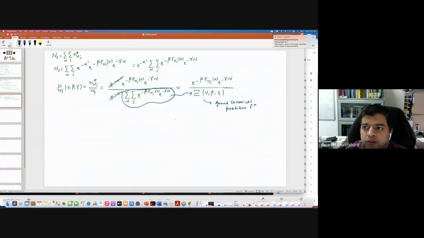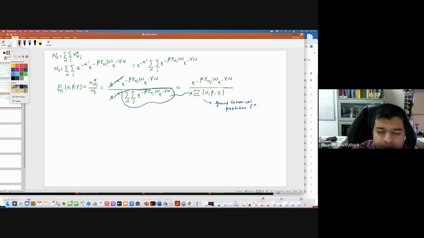Anyway, this is called grand canonical partition function. We'll see it later. Okay, so let us again calculate, say, average energy, E bar or whatever you want to call it.